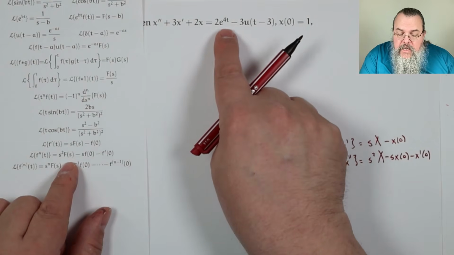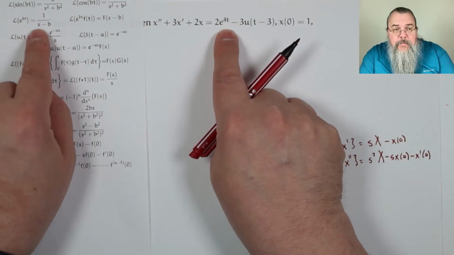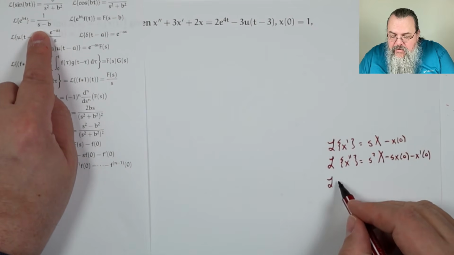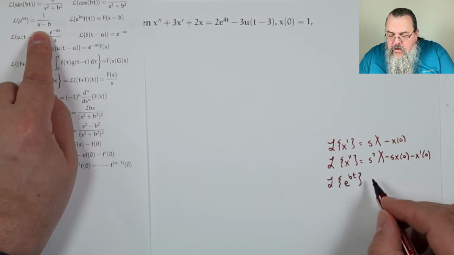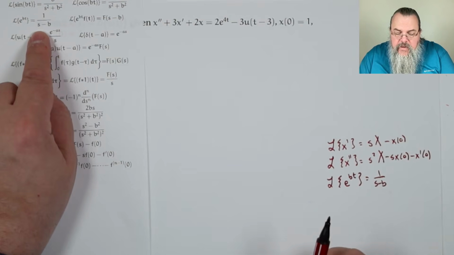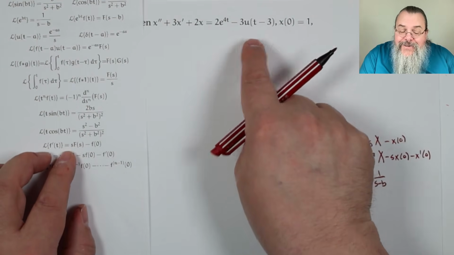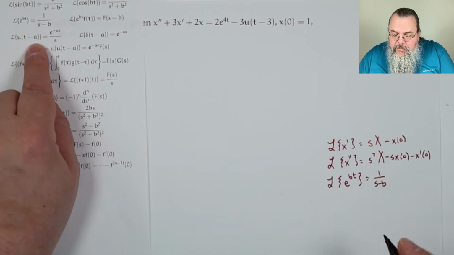We see an e^(4t), and that's right here up in the corner of our screen. And so the Laplace of, and I'll write down our rule, e^(bt) is 1/(s-b). Okay, that'll help us there. And then there's this u(t-3). And u(t-3), that'll be the rule right below it.